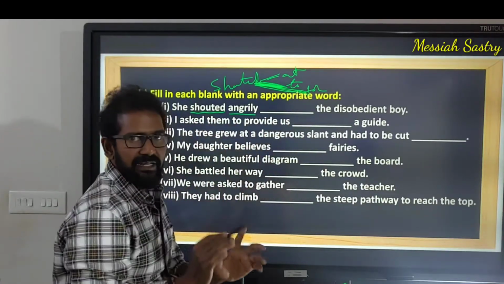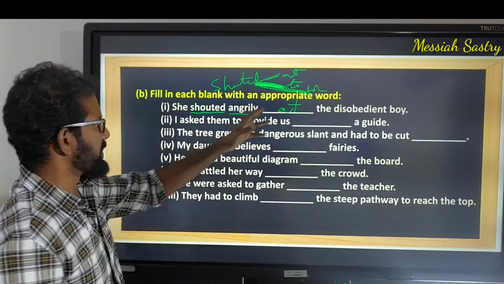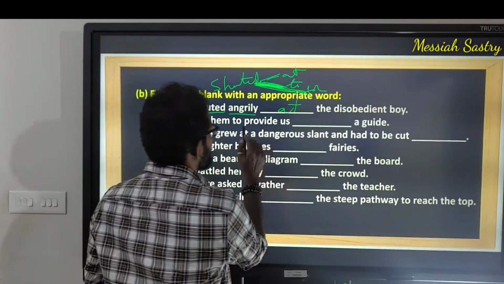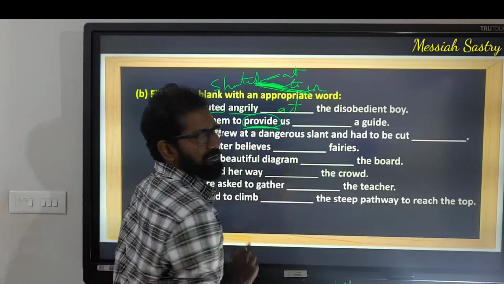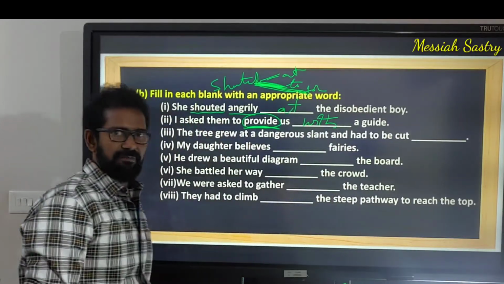Now here it is angrily, so we are supposed to use shouted angrily at. I asked them to provide. When there is provide, the appropriate preposition is with: provide with.